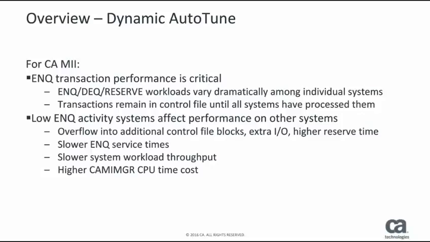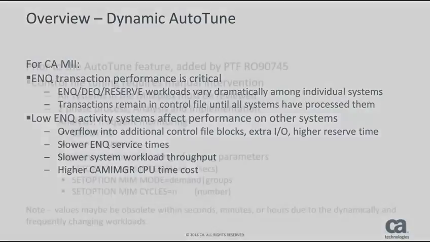The net effect is that the presence of a low-activity system can impact the performance and cost of operations on all other systems in the MIMplex by additional control file blocks, extra I/O, higher reserve times, slower enqueue service times, and the system workload throughput, as well as higher MIM CPU time cost.